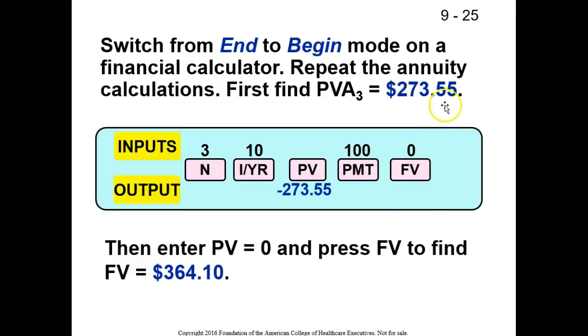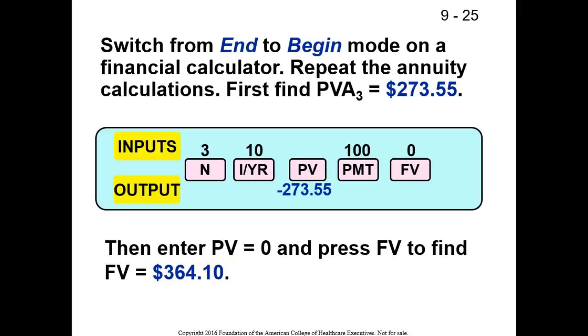There we go. We have our $273 and some change, which is what we got. We actually had 273.55, right on the money. And with our calculator, double checking myself here, for our future value, 364.